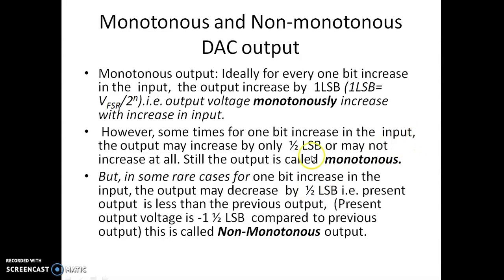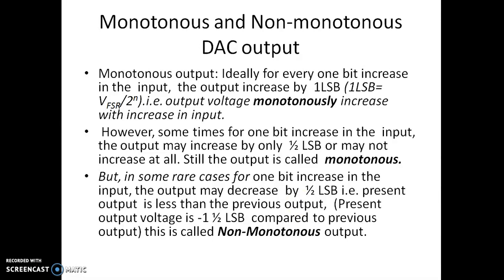But in some rare cases, for 1 bit increase in the input, the output may decrease by half LSB. That is, the present output is less than the previous output. Assume that you have increased the value of input by 1 bit.